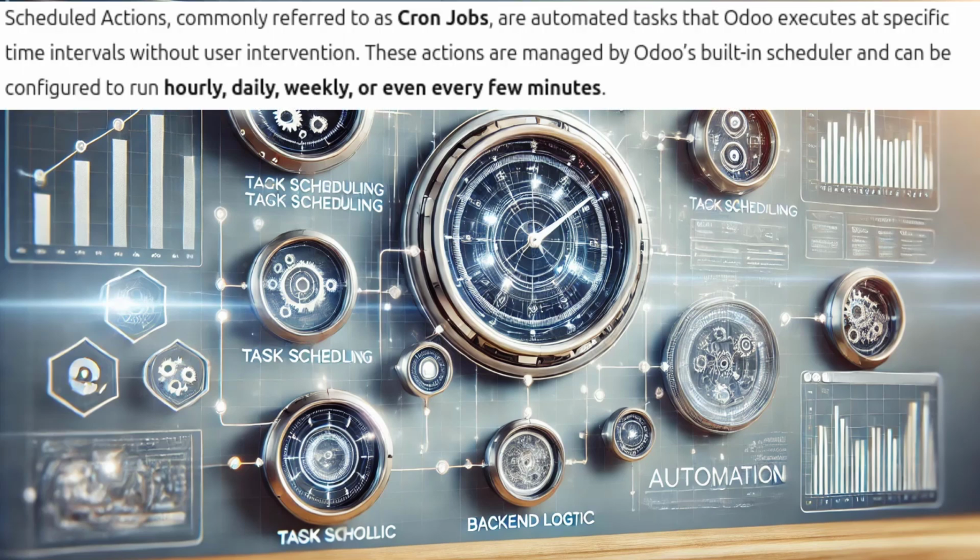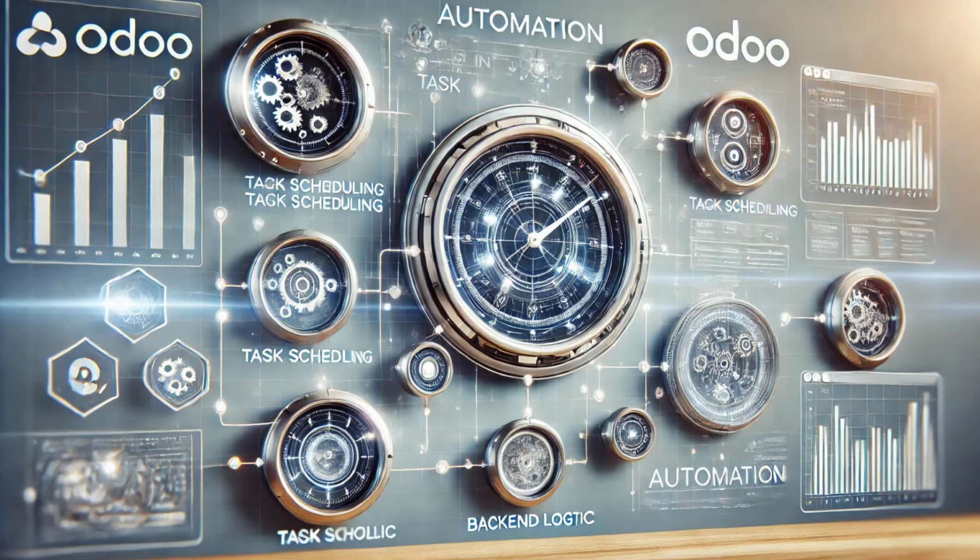Scheduled actions, commonly referred to as cron jobs, are automated tasks that Odoo executes at specific time intervals without user intervention. These actions are managed by Odoo's built-in scheduler and can be configured to run hourly, daily, weekly, and even every few minutes. Why are scheduled actions important?